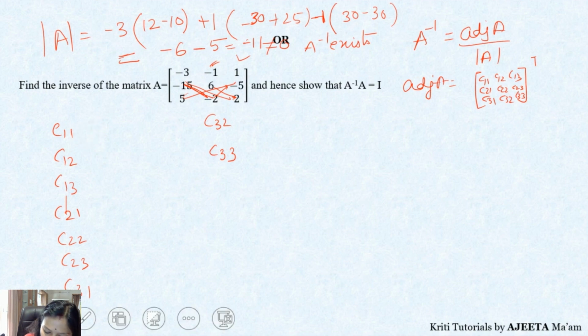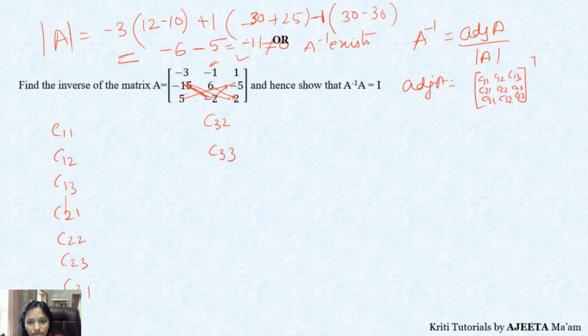So what do we have here? So C11. What will be the answer for C11? If I write the generalized formula, what will I get? Plus minus plus, minus plus minus, plus minus plus.